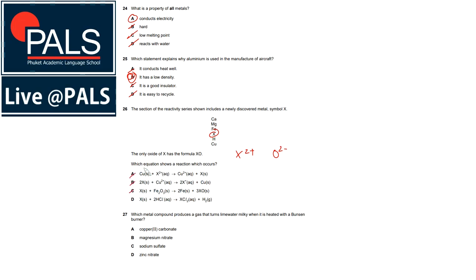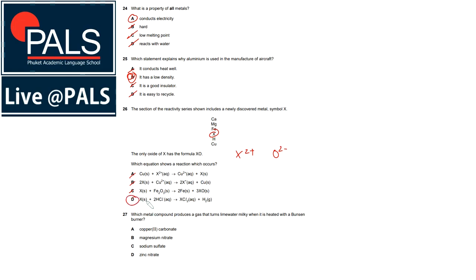No, this is basically the same explanation as up here. The only difference is that we have the oxygen here, but what's actually happening is that we could just leave out the oxygen. Charges are wrong as well. No? So it must be D.